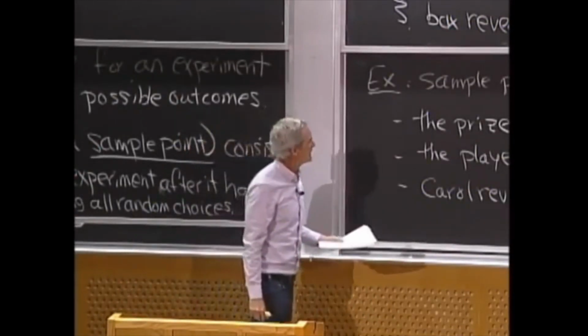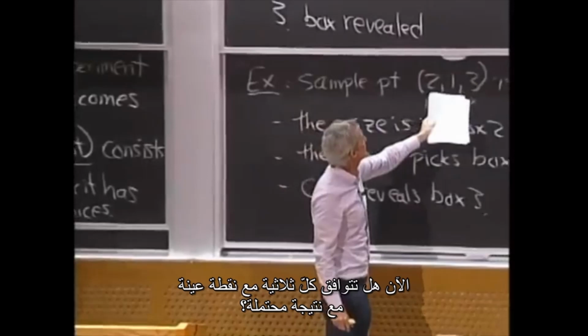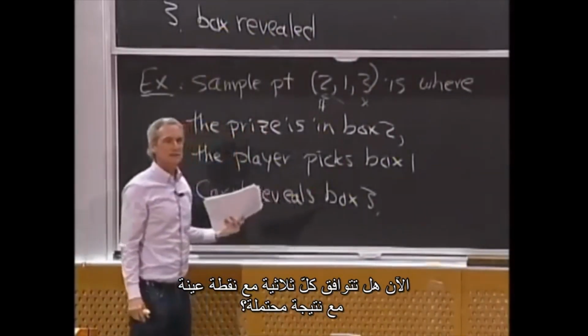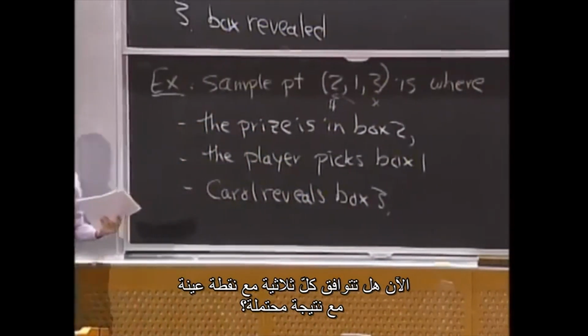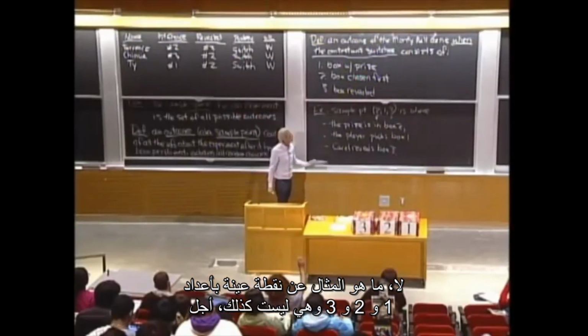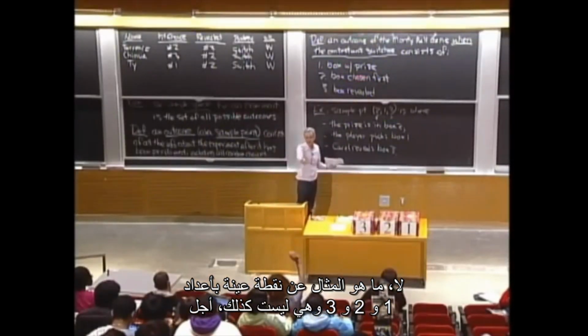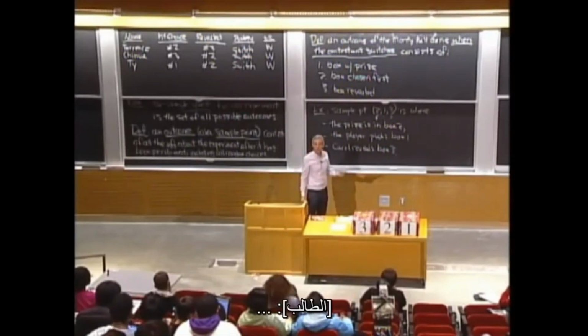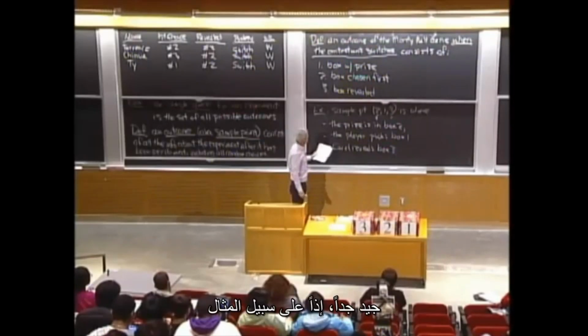Okay. Now, does every 3 tuple here correspond to a sample point or a possible outcome? No. What's an example of a sample point with numbers 1, 2, and 3 that's not? Any sample point where the box revealed is the same as the box of the prize or the box that was chosen. Very good. Yep.